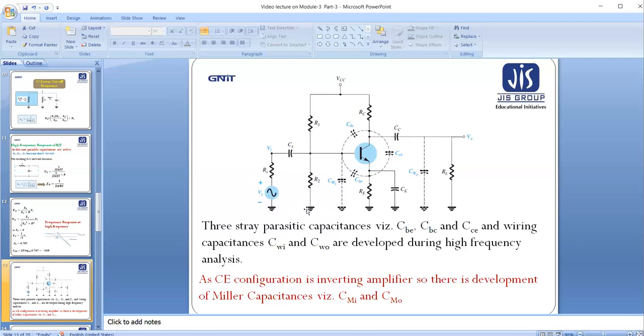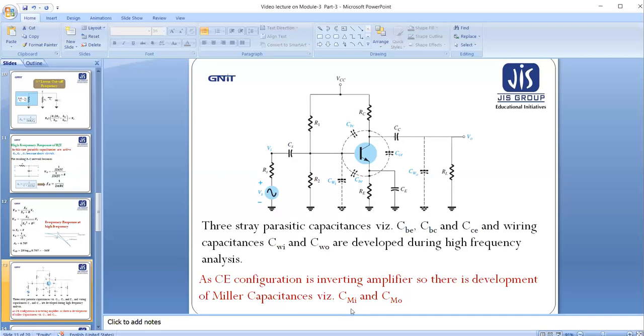Now in our hybrid pi model, I had mentioned that the feedback capacitor will be amplified by some Miller factor, and it will automatically appear across the input as well as the output. So the Miller capacitance at the input will be CMi and at the output CMo.